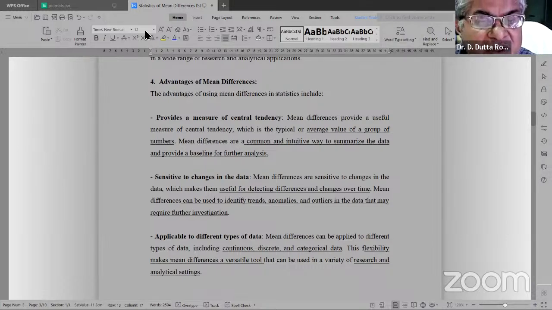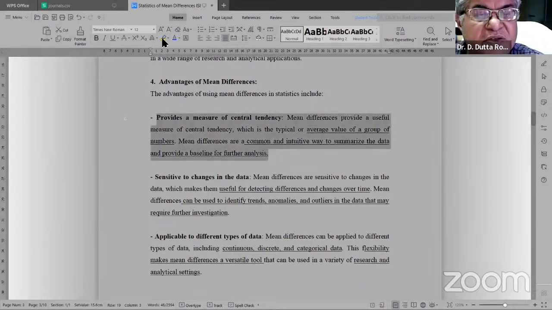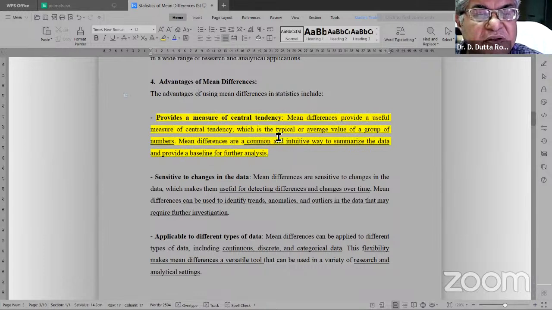No. Mean difference cannot provide you a useful measure of central tendency. Mean difference can tell you the data summarization, whatever you have written. But mean difference we can calculate when the data follows the central tendency. Okay, sir.